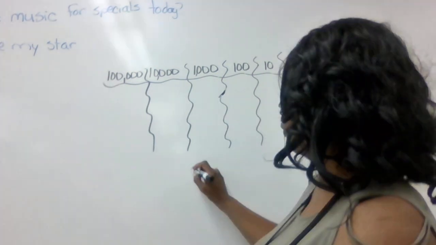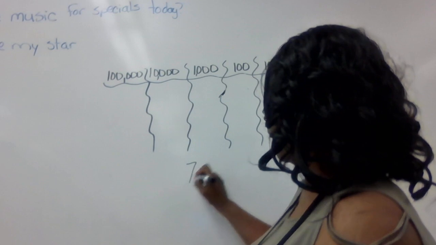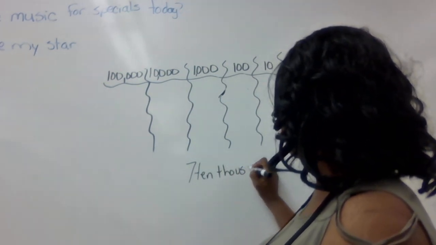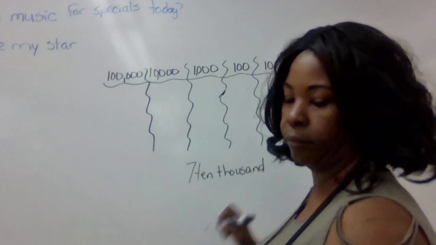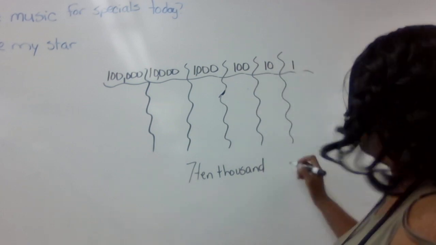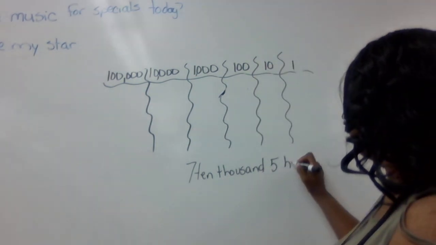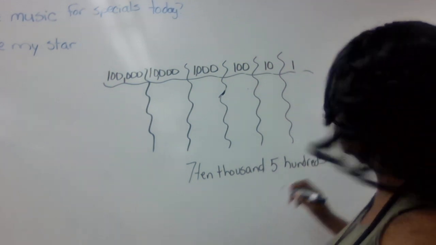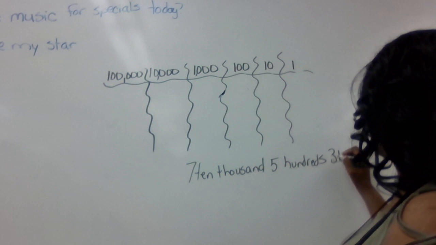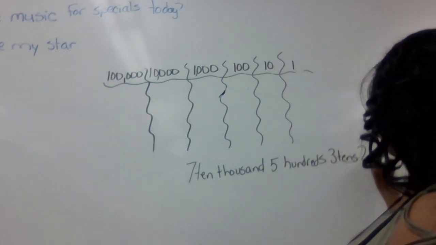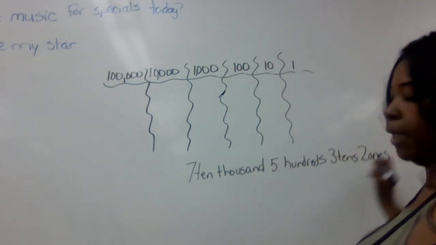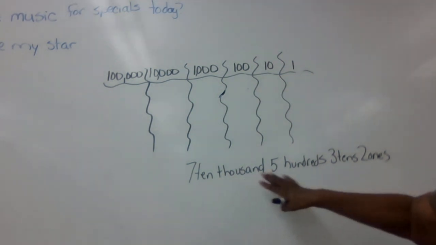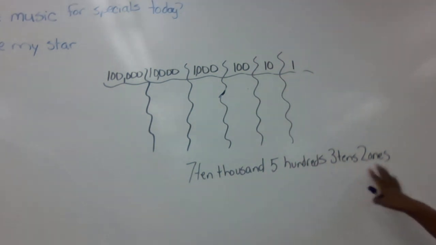And I'm going to do 7 ten thousands, 5 hundreds, 3 tens, 2 ones. Okay? So I have 7 ten thousands, 5 hundreds, 3 tens, and 2 ones.